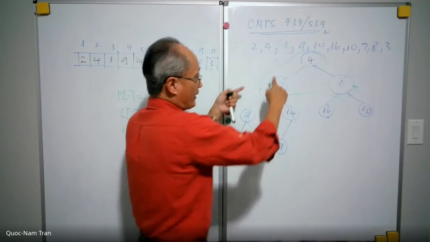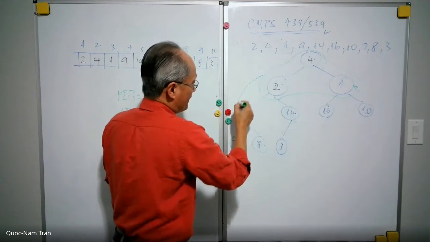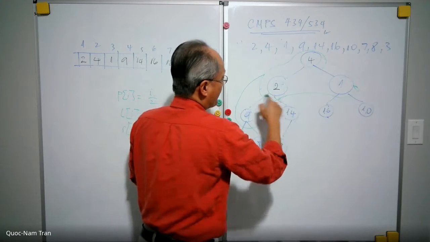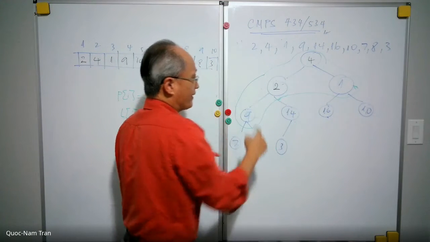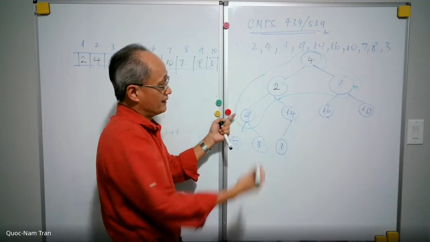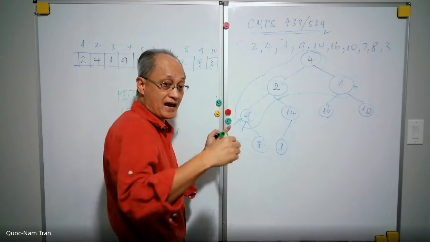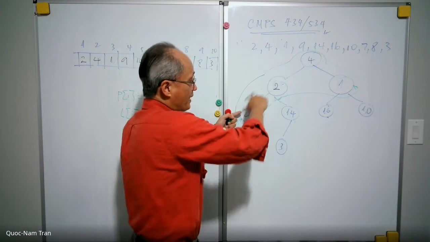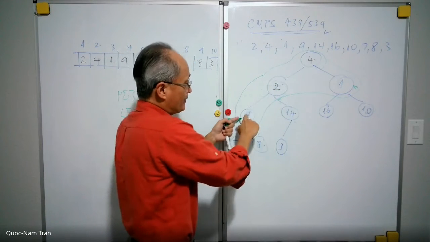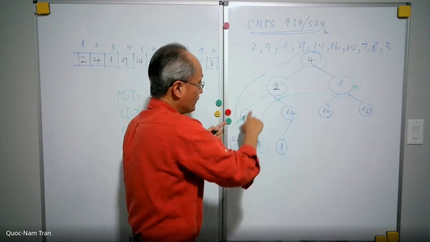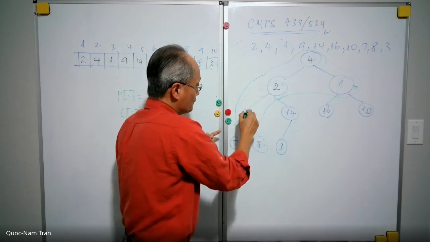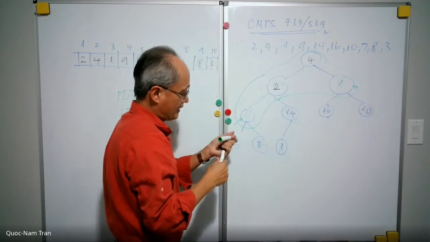Now we add one more element. Now we consider the current node that we just added, compare with the parent, and if it's bigger than the parent, then we swap 2 here and 9 up there.